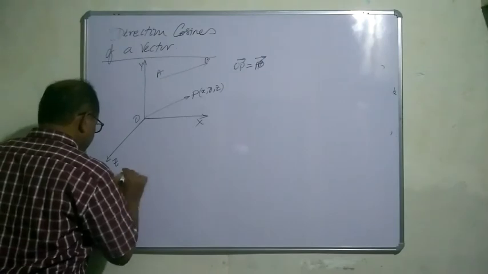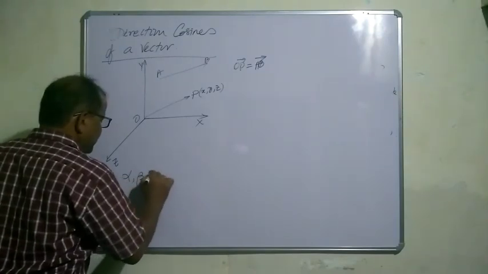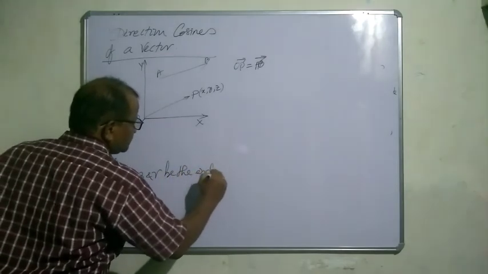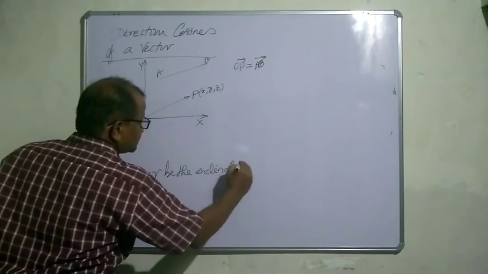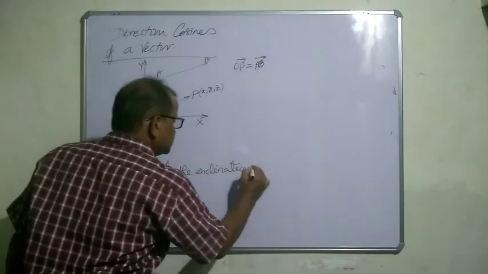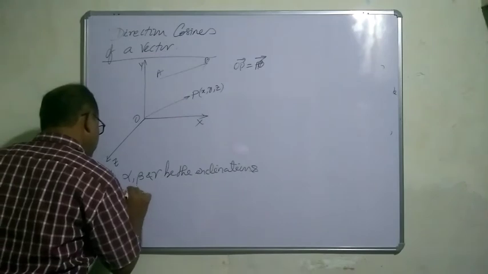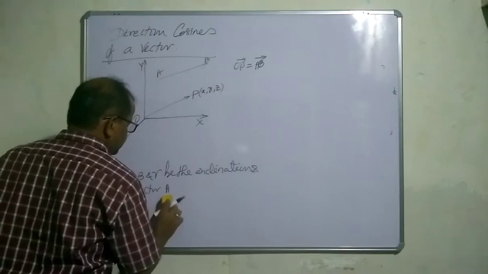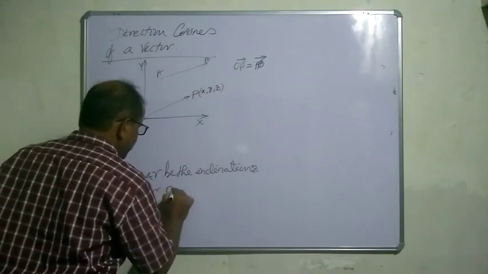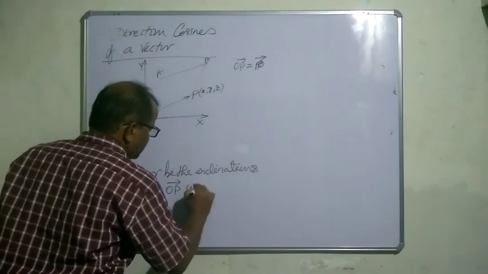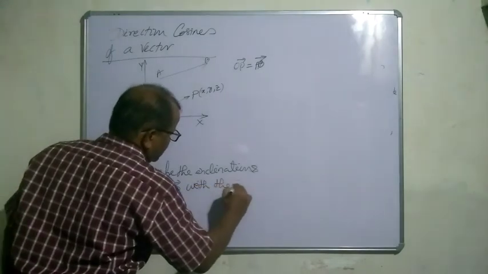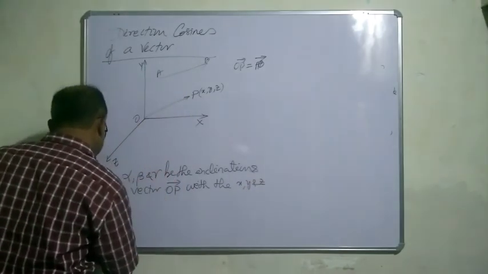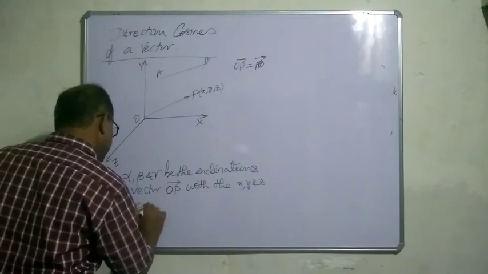Let alpha, beta and gamma be the inclinations of the vector OP with the x, y and z axes respectively.